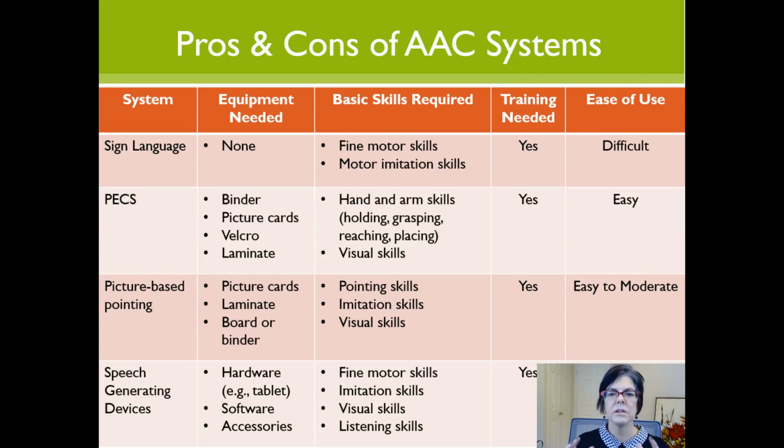So when we're looking at assessment, intervention, and implementation of AAC for individuals with autism, we're talking about evidence-based practice, which means you have to look at multiple factors and then move to assessment before you decide. So we're going to look at that assessment piece now.